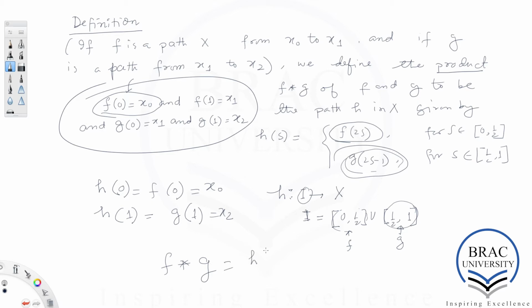Okay, this product operation on paths induces a well-defined operation on path homotopy classes, defined by the following. If I choose the path homotopy class of f and take the product of that with the path homotopy class of g, then this is exactly equal to the path homotopy class of f star g.